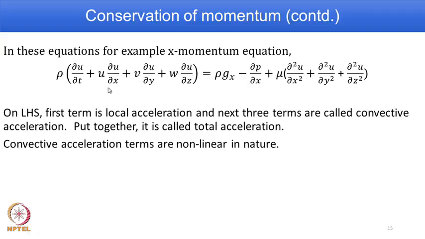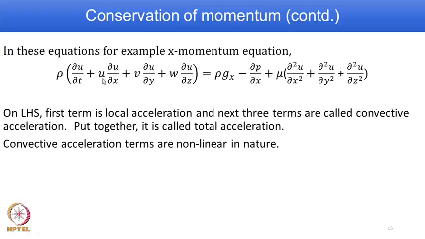Now if you look particularly at the convective acceleration closely, we see here u is a velocity field, the main quantity in the x momentum equation, and dou u by dou x is the derivative of the same velocity. In other words also v into dou u by dou y: v is the velocity field in the y component and there is a velocity derivative.